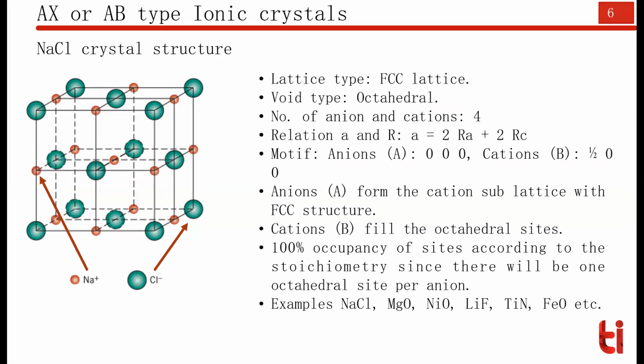And then vis-a-vis to that, if I move to the other nearby corner along the edge, then it becomes 1, 0, 0. If I go along the face diagonal, it will be 1, 1, 0. And if I go along the body diagonal, it will be 1, 1, 1. Am I right? Yes, sir.